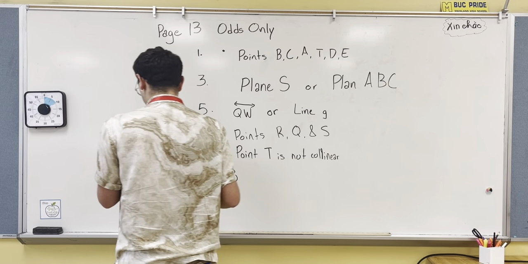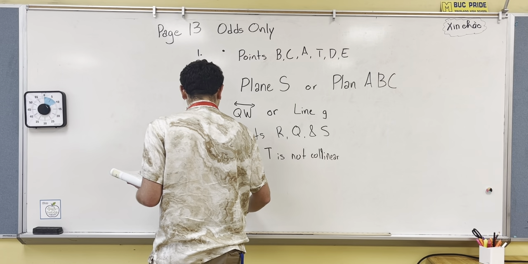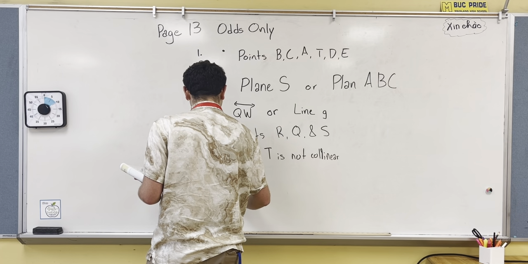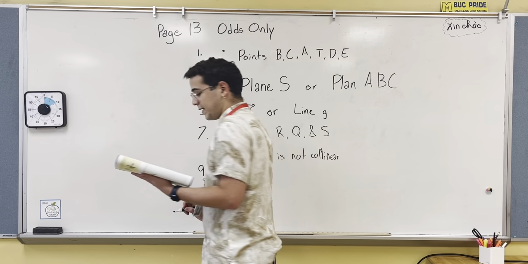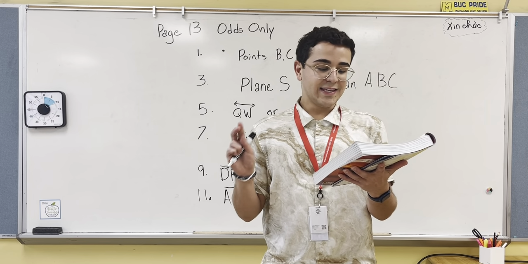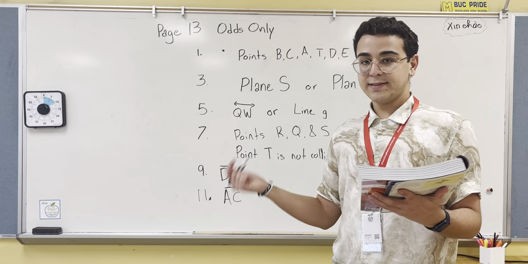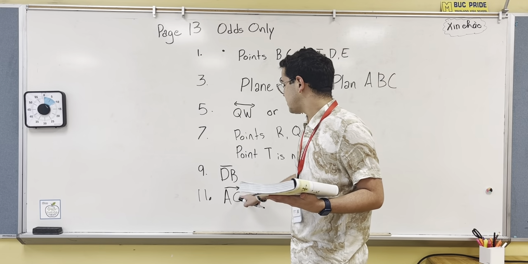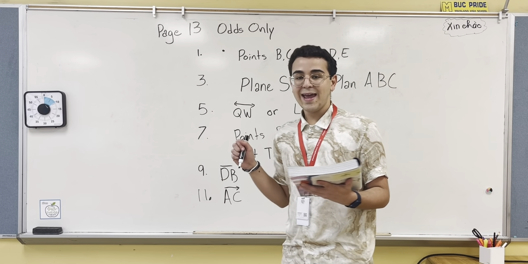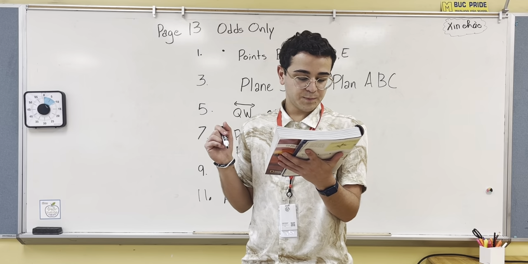So another name for ray AE is actually ray AC. It's important to note that the E has an arrow pointing to the C, so the C continues on. A is still considered the endpoint.